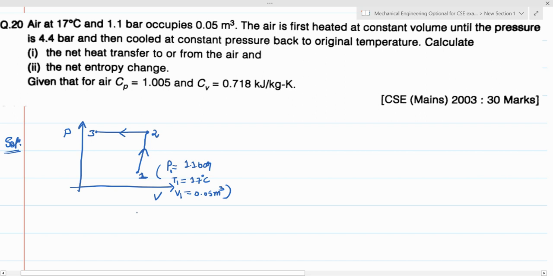We know this is a constant volume process, so V2 should also be equal to V1, that is 0.05 meter cube. Using the ideal gas equation, P1 by T1 is equal to P2 by T2, we can get the value of T2. So T2 is equal to P2 divided by P1 multiplied by T1.